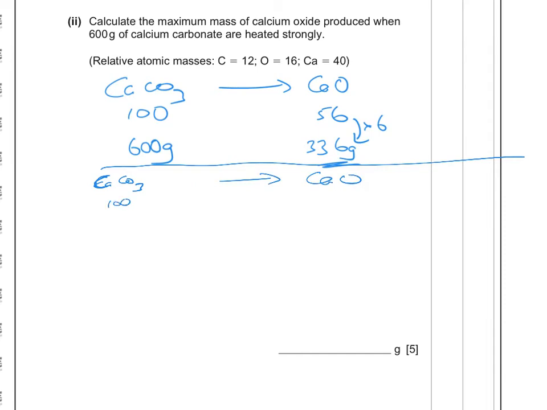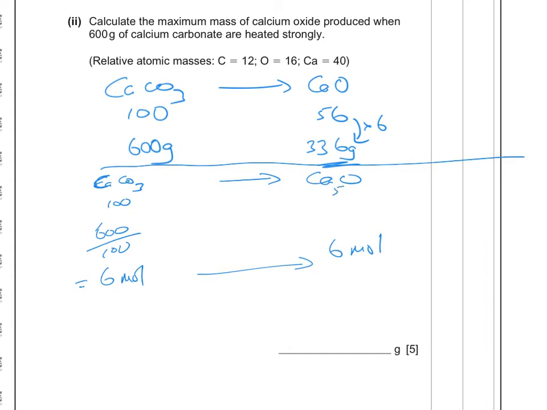we've got our 100 as an RFM. We work out that we've got 600 grams, so 600 over the 100 will give us 6 moles. You can see that it's a 1-to-1 ratio, so you'd also have 6 moles of calcium oxide produced.